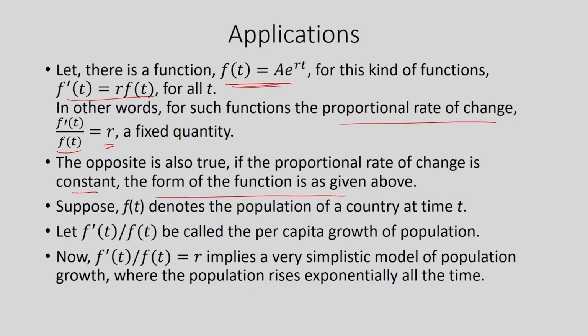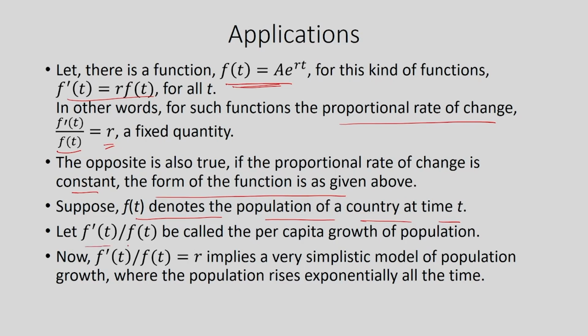Now, suppose F of t denotes the population of a country at a particular time t. As we have seen, it is a general function, so I can interpret F of t in any way we like. So, let us suppose F of t is the population at a particular point t of a particular country.